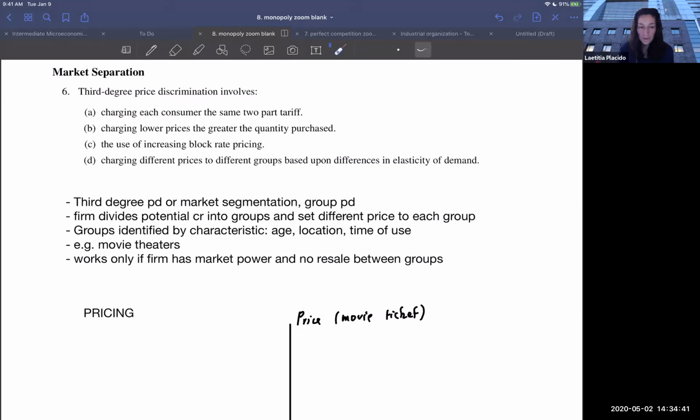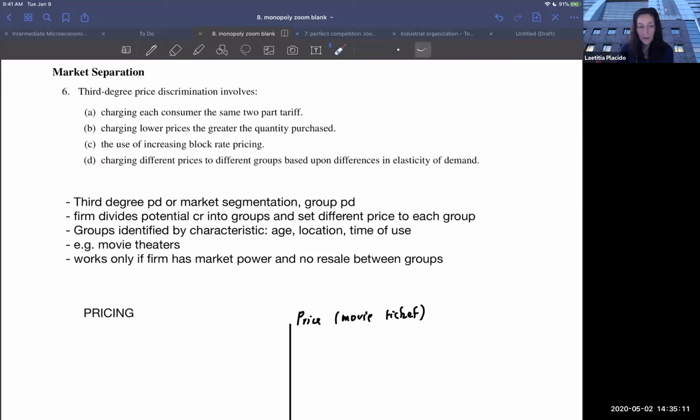But to be effective, third degree price discrimination needs to prevent resale between groups. Okay, so for instance, let's say that seniors pay less for movie tickets. Then if they are able to resell those tickets to people who are willing to pay more for them, they can make some profit out of it. And so the price discrimination scheme is not going to work.